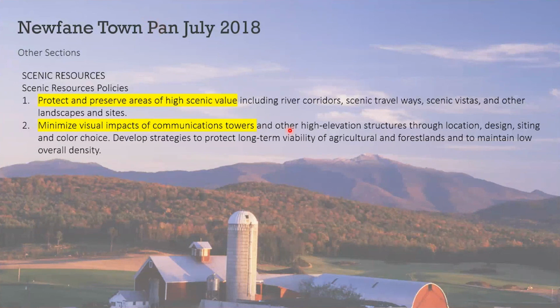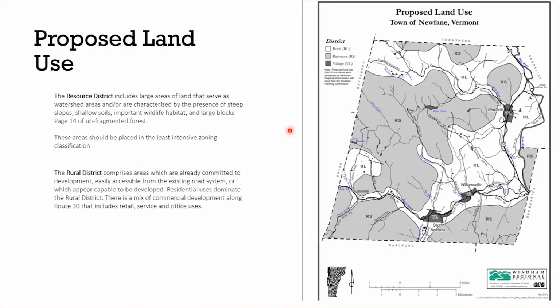Sorry about that. Okay. So here's the proposed land use map that's in the town plan. And I want to point out that in this proposed land use map, they have a resource district, that's the RS in town, and those are characterized by the presence of important wildlife habitat and large blocks of unfragmented forest.